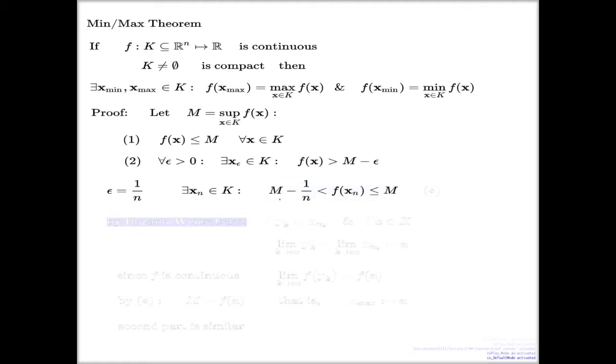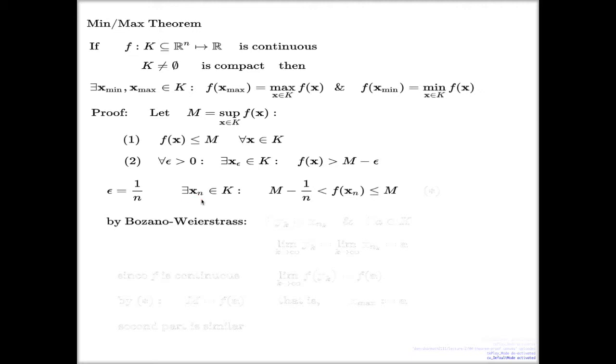Look what I'm going to say now. That's the place where we're going to use the Bolzano-Weierstrass. It's a typical way how it is used in lots of results in analysis. This sequence, we don't know much about it.